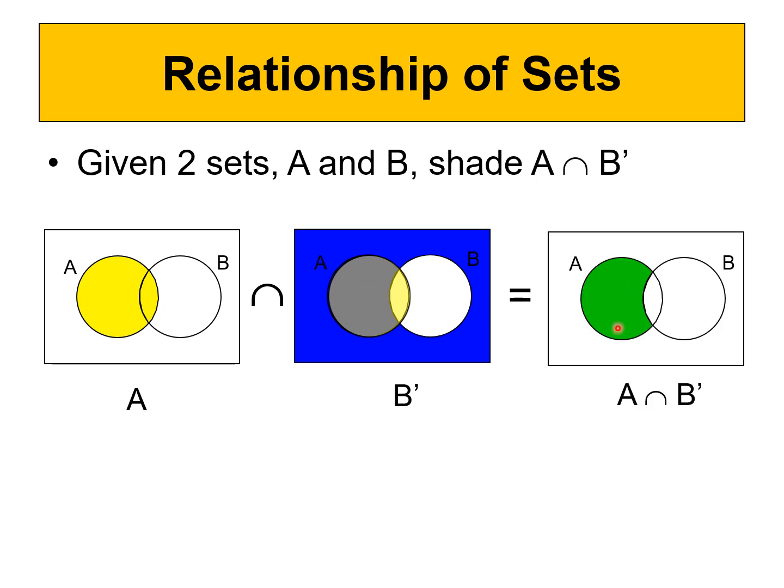So this green region is the region referring to A intersect B complement. Again, I want to emphasize that intersection means the common elements, therefore we look out for the common region, the overlapping region between A and B complement.